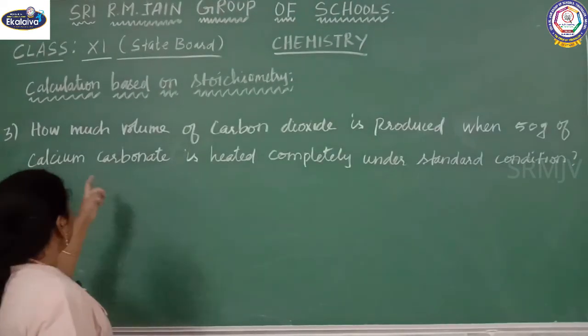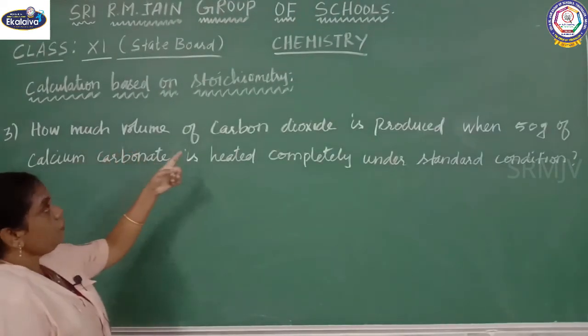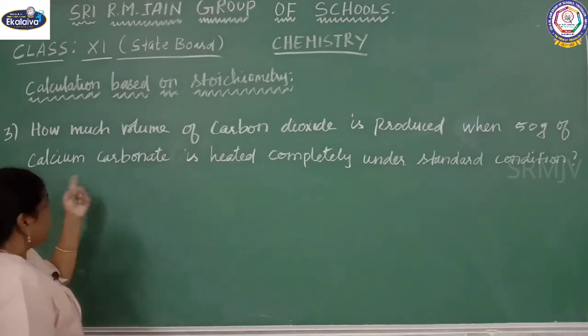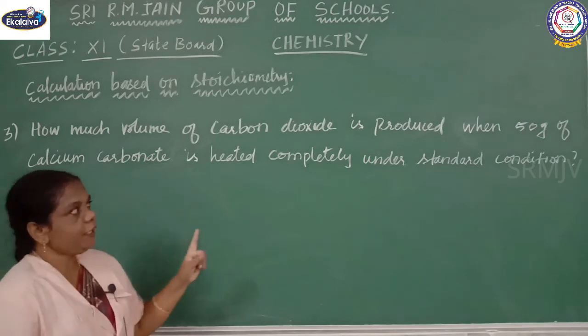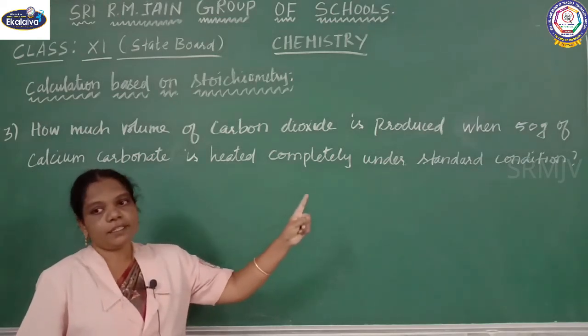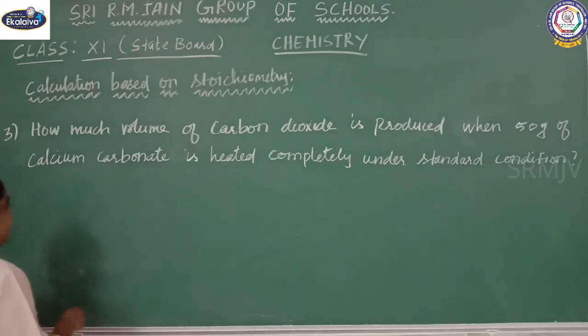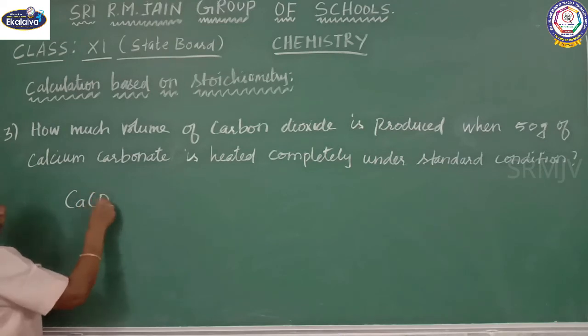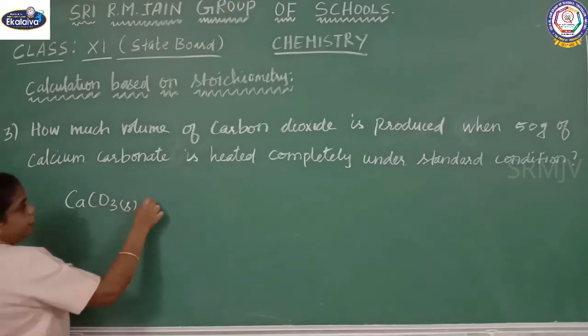Now in this problem you are going to calculate the volume of carbon dioxide produced when 50 grams of calcium carbonate is heated completely under standard condition, STP. Now write the stoichiometric equation for calcium carbonate on heating.